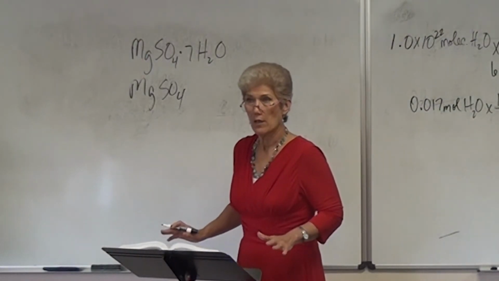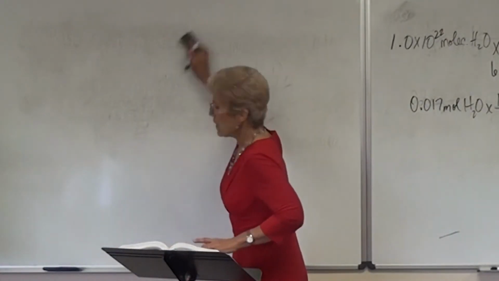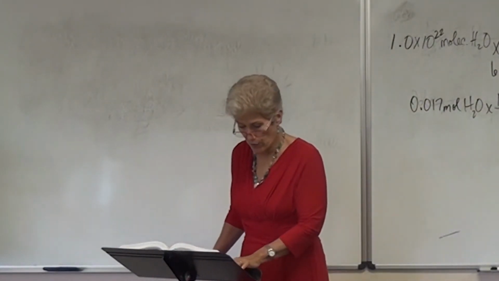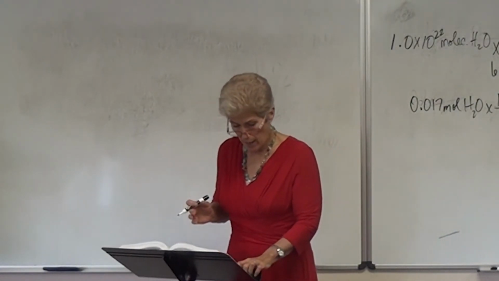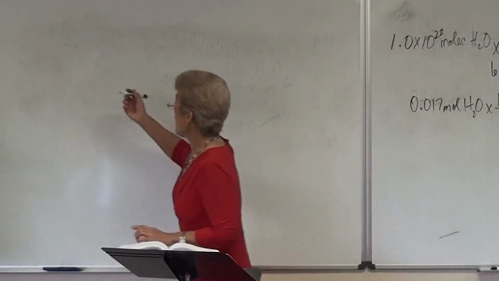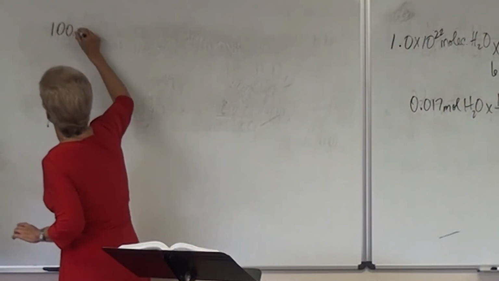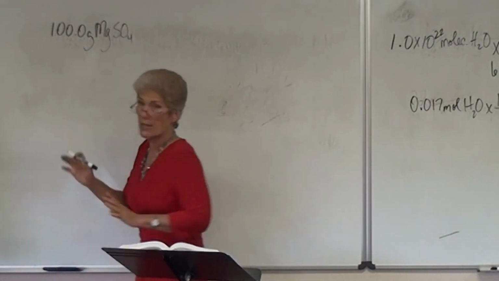Don't miss that. Okay. And then number 10, it says, suppose a student had 100 grams of anhydrous magnesium sulfate, described in 9. How many grams of water could it absorb? Okay, so we have 100 grams of magnesium sulfate. We want to know how much water it could absorb.